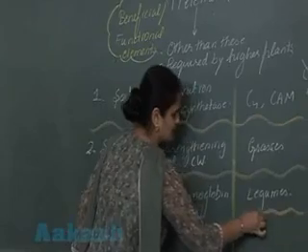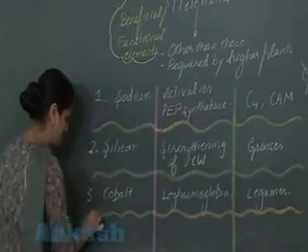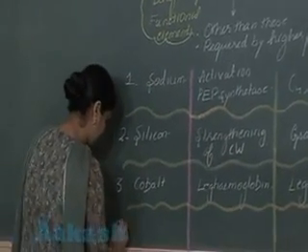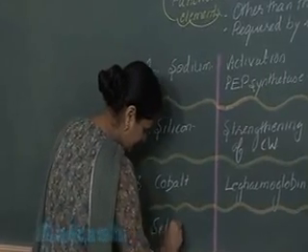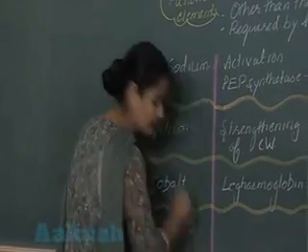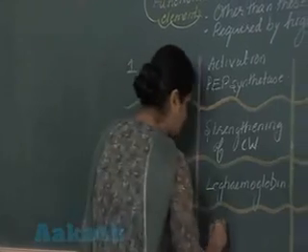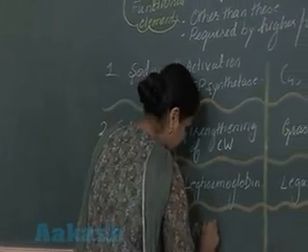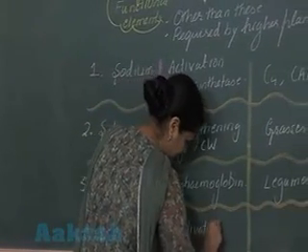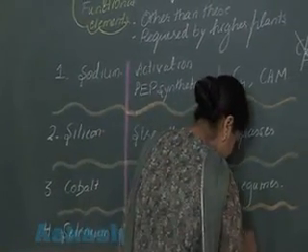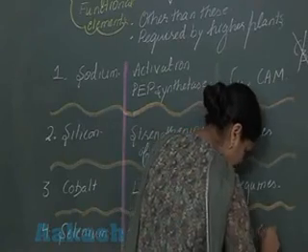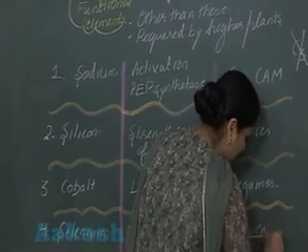Now the last beneficial element, that is selenium. Selenium is also an enzyme activator, and it is required by the plants which belong to the Brassica species.